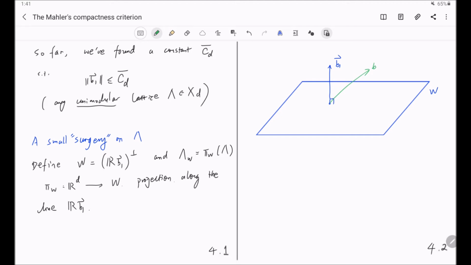Here's B2 and here's B3, say. And now what you do is you project B2 and B3 onto W. Say this is B2 prime and this projection image is B3 prime.